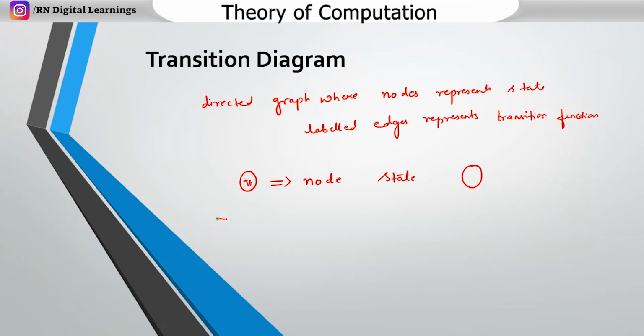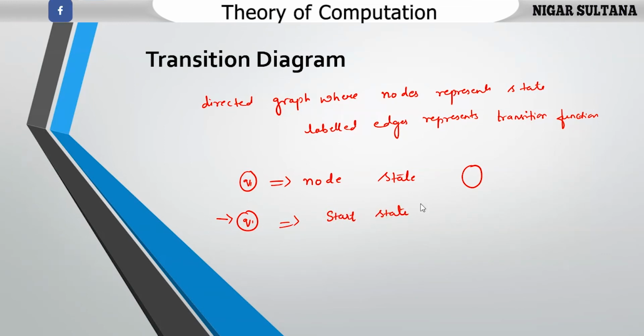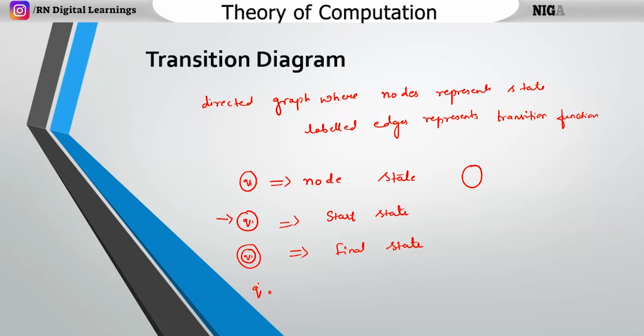Next is a state with an arrow mark. This indicates the start state. Now, when we have a double circle, this indicates a final state.